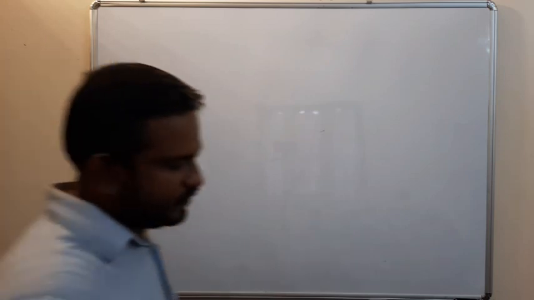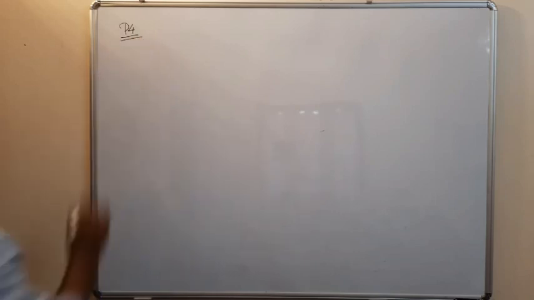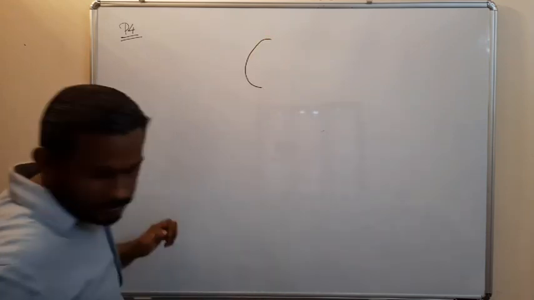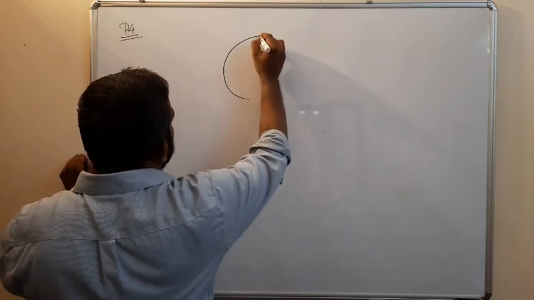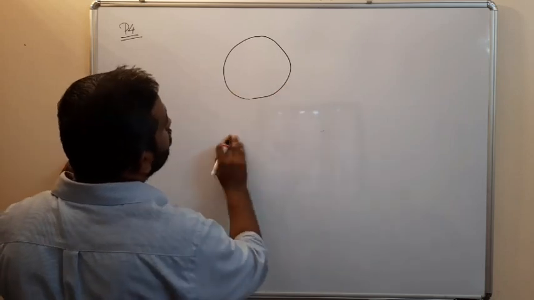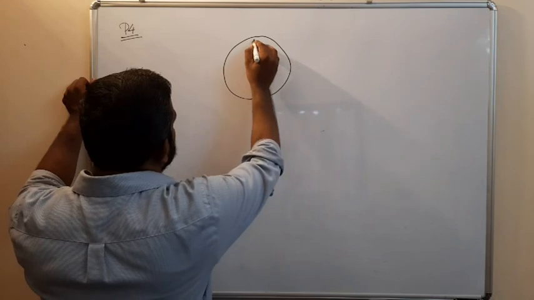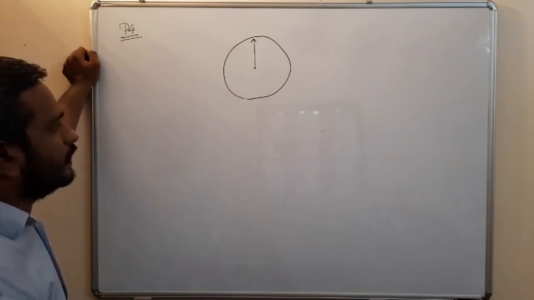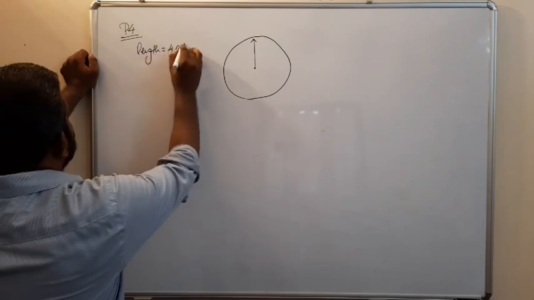So the next sum. A table clock has its minute hand of length 4 centimeter.